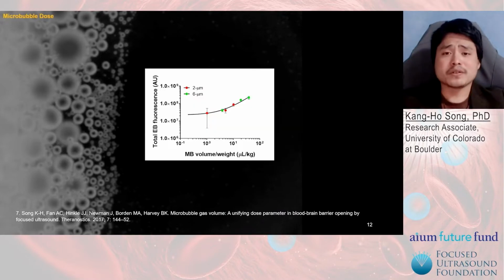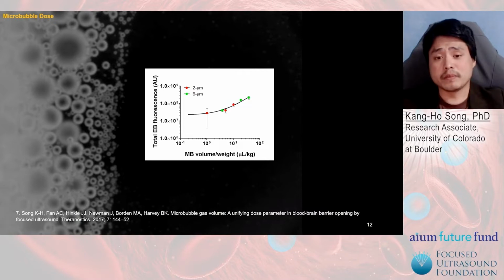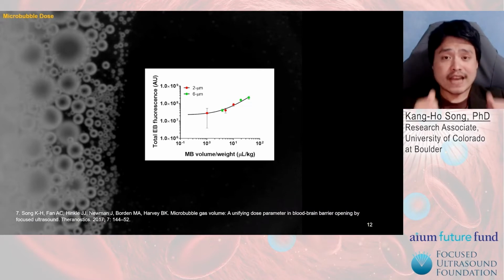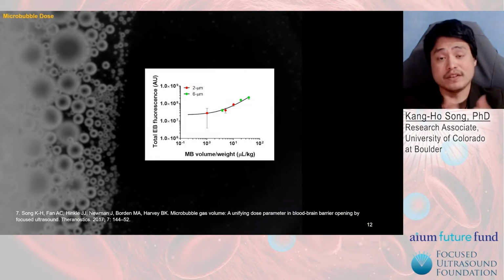And regarding dose, it can be a bit of a pro and a con. It can complicate the picture and make it a little bit more simple at the same time. For example, in this case, there was a simplification using dose. So 2 different sizes of microbubbles, but injected at identical gas volume fractions of the actual microbubble gas, showed that they could achieve the exact same model drug extravasation in BBBD.